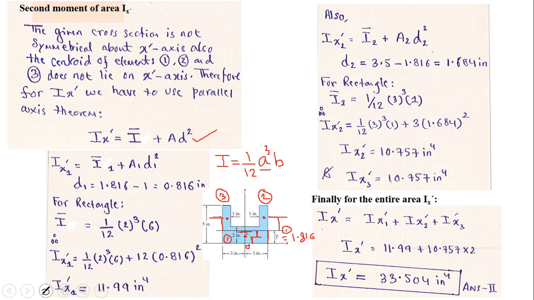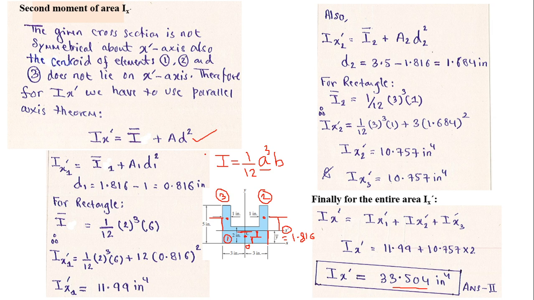In the parallel axis theorem, you have to individually calculate the second moment of areas of all these constituent shapes 1, 2 and 3 about the x dash axis, and then by looking at your cross section, you have to add or subtract them. In this case, we have added all of them because all these shapes were adding together to give you this entire cross section. So nothing to be subtracted. All of the moments of area are being added here. So this gives us a value of 33.504 for Ix dash.